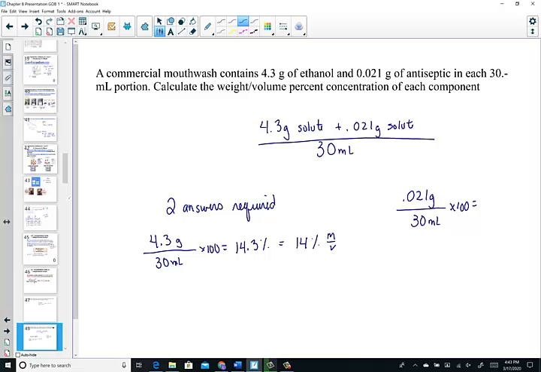My screen says 0.07, and I need 2 sig figs, so I'm going to have to put another 0 after that, and that ends up to be the percent, right? So 0.021 divide by 30 times 100, and it still is 0.070%, and be sure to just label that as mass by volume. So 2 answers there, since we wanted 1 complete concentration on each separate solute.